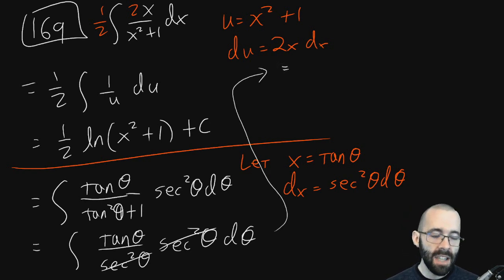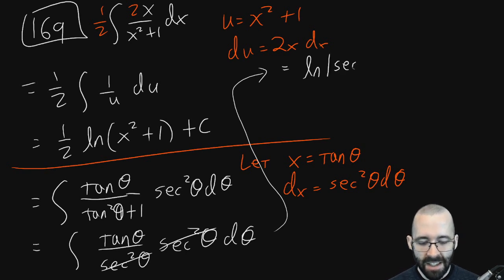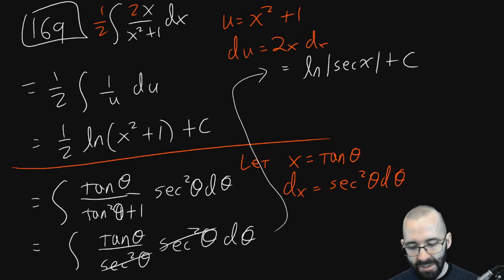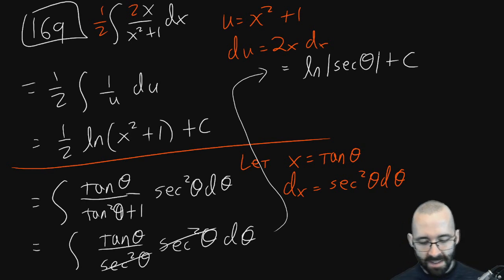And the antiderivative of tangent is, you do a u substitution. I think it's the natural log of the absolute value of secant of theta. And what is secant of theta?